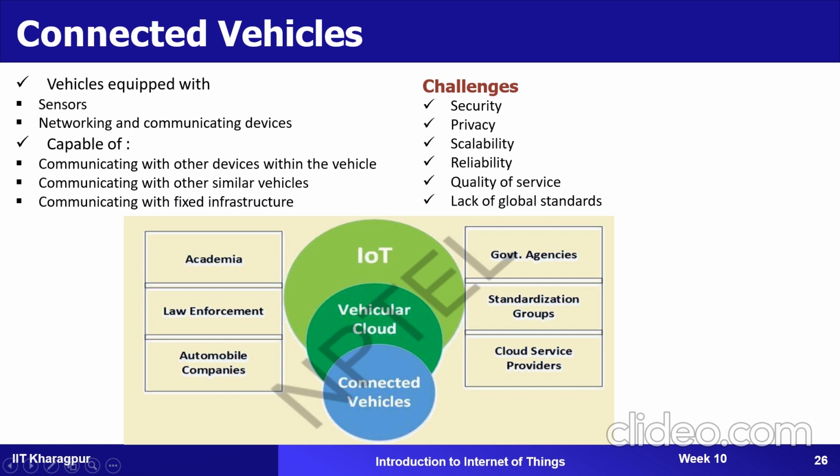Now the challenges which are there in connected vehicles are security, privacy, scalability, reliability, quality of service and lack of global standard. So basically this figure is showing that your connected vehicle is a subset of your vehicular cloud which is further a subset of your IoT.